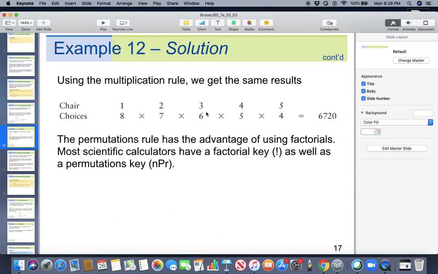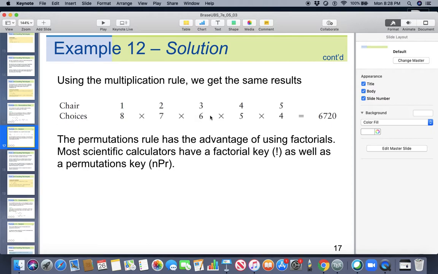There are 5 chairs. The first chair has 8 options because there are 8 people. Once one person is given chair number 1, chair number 2 has 7 options, 7 people waiting in line. Once these 2 chairs are taken care of, there are 6 people left.